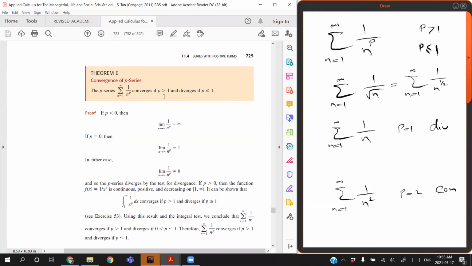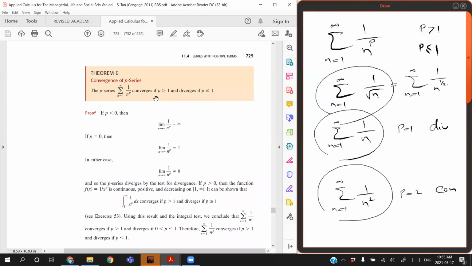The moment P is greater than 1, it's convergent. So for example, this one here is convergent. But if P is 1 or less than 1, like in this one, P is 1, or in this one, P is 1 over 2, it will be divergent.